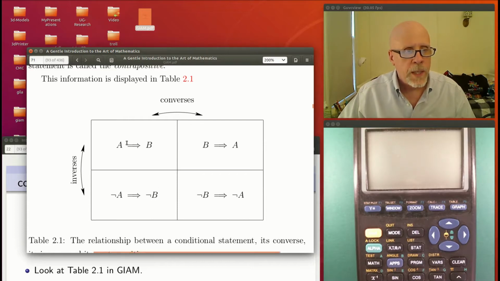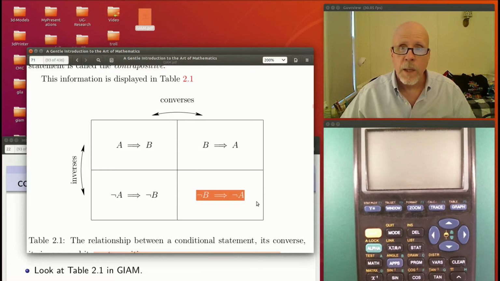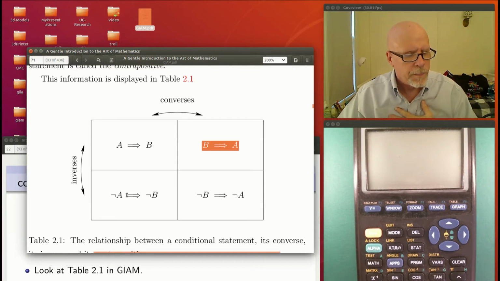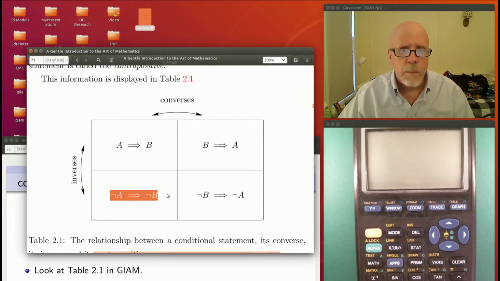So which statements on this page will have exactly the same truth values? We've already noticed that A implies B and not B implies not A have that same pattern. They go true, false, true, true. And I don't know if you picked it up while we were doing the truth tables for the converse and the inverse, but they have the same pattern too. It's just not the same pattern as these have. So things that are across the diagonals of this table are equivalent to one another.